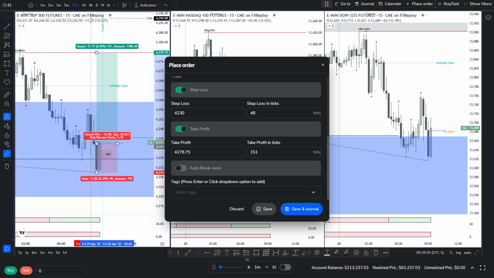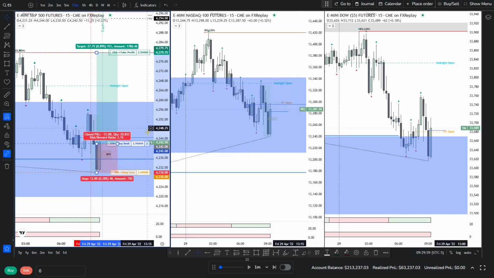We know the inflection point above the market in terms of London, but we can also check the H4. We have the M5 BPR, and we've seen M5 displacement, which is good as well. So yeah, I quite like this. Happy to go with this trade, and we'll see what happens.